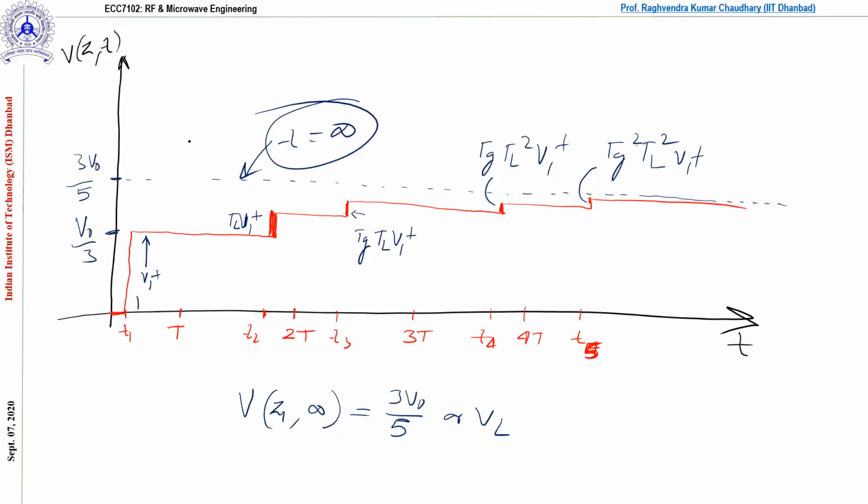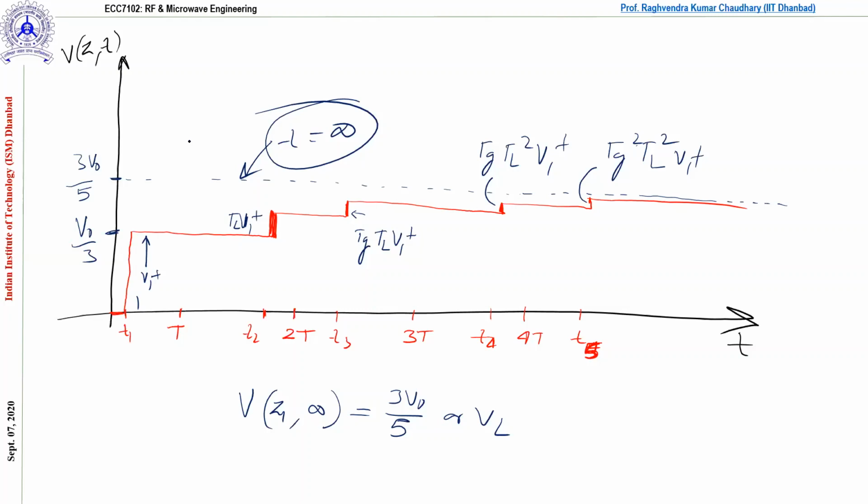So now what we can conclude, try to understand, is that at a particular location, what was the location? The location was on the transmission line of length L at Z1. So at Z1, we are observing this nature at different time intervals, right?